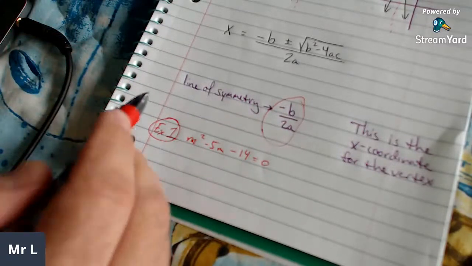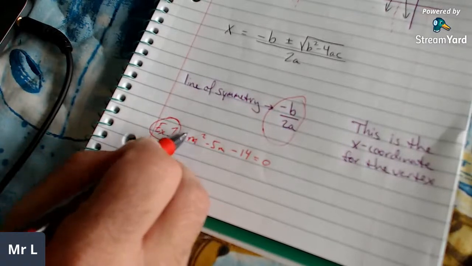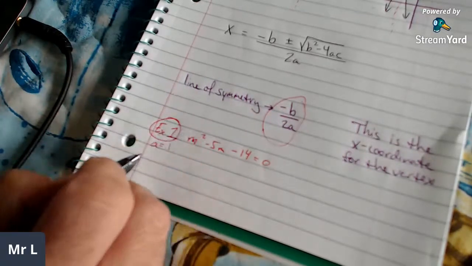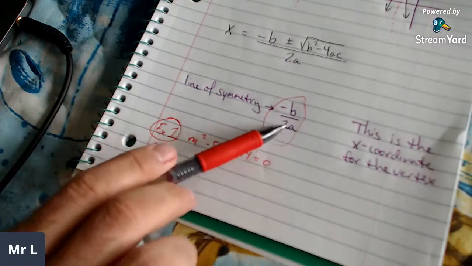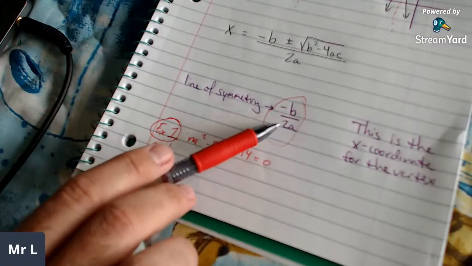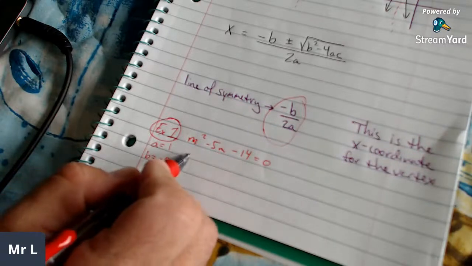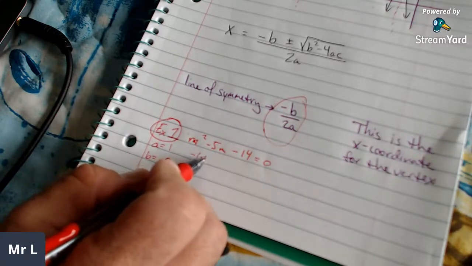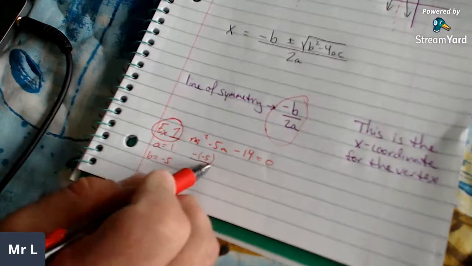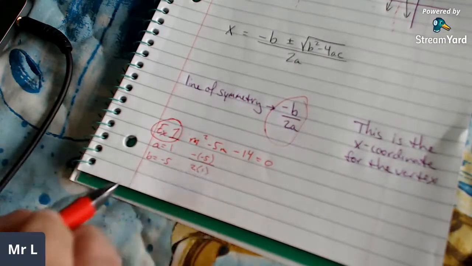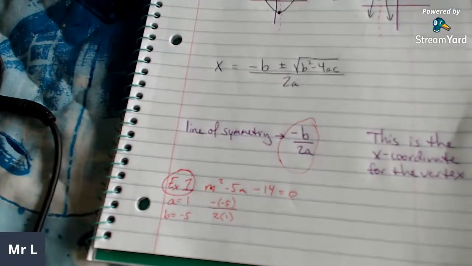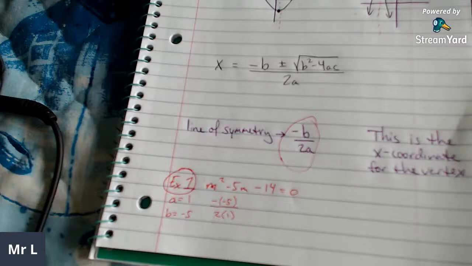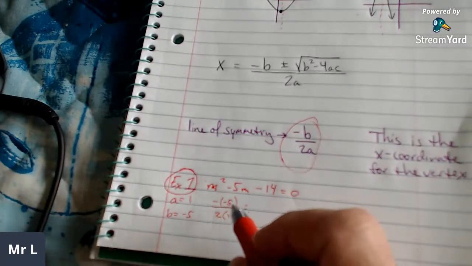To find the line of symmetry, where that line cuts the parabola in half, we let a equal 1 and b equal negative 5. When I go to find my line of symmetry, negative b over 2a turns into negative negative 5 divided by 2 times 1.